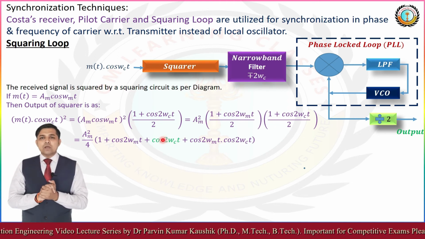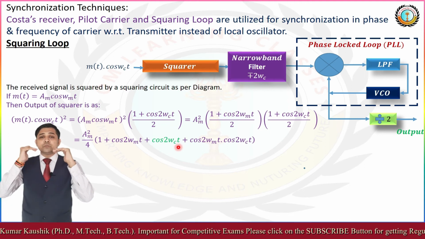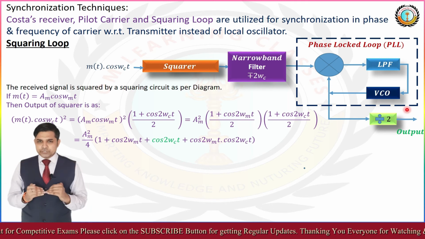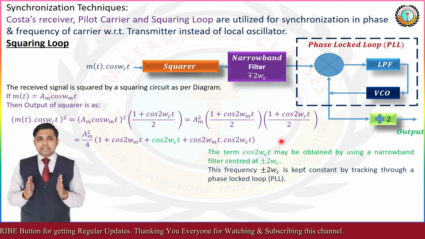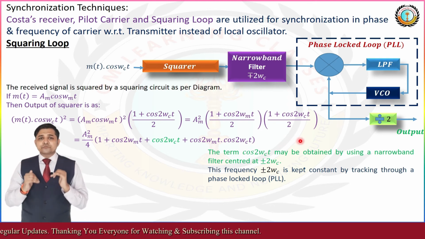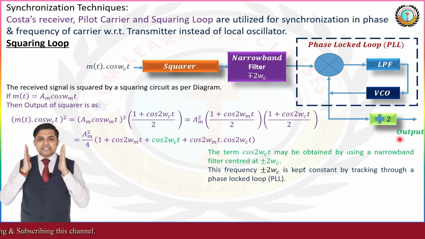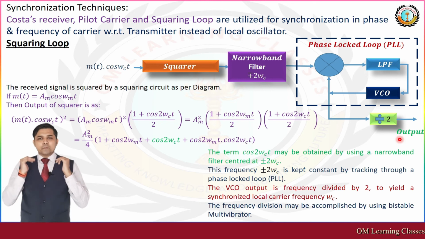Then we have the PLL, phase locked loop, which removes the error due to frequency drift, and the output of this PLL is passed through a frequency divider by 2, which can be accomplished by using a bistable multivibrator.